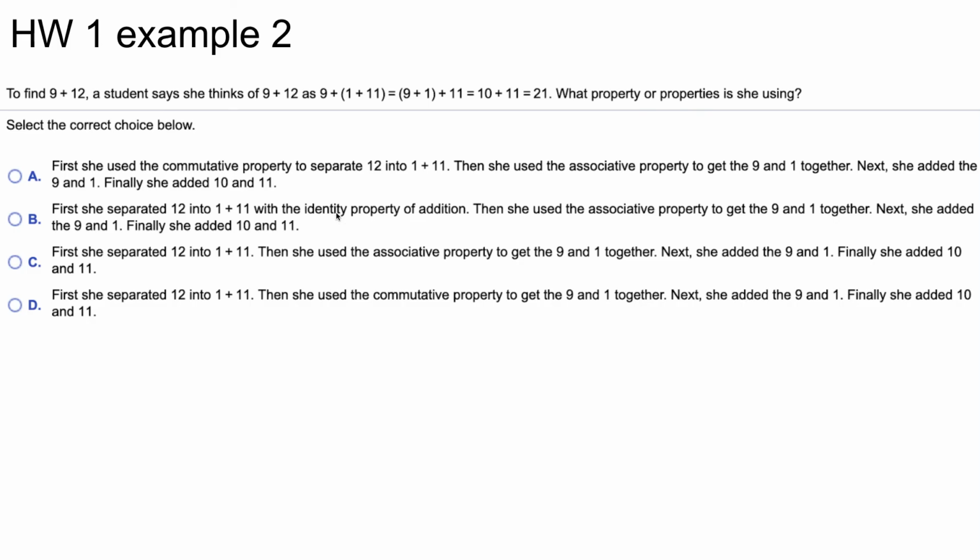Identity property is when you add by 0, you get yourself. So it's not, it's just decomposing. So first she decomposed or separated 12 into 1 and 11. Then she used the associative property to get 9 and 1 together instead of 1 and 11 together. Next, she added 9 and 1 to get 10. Then she added that 10 and 11. So answer should be C.